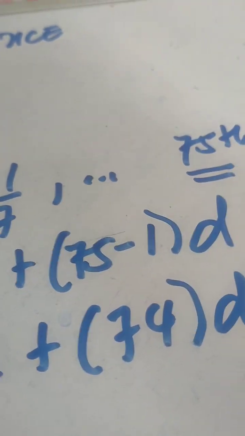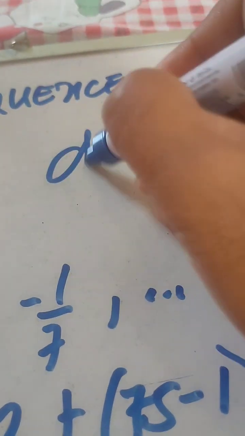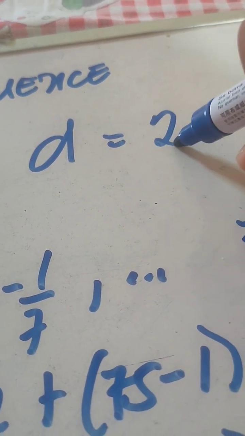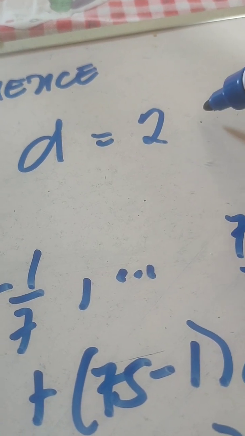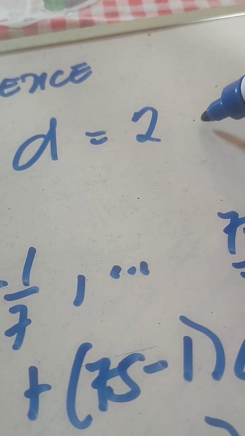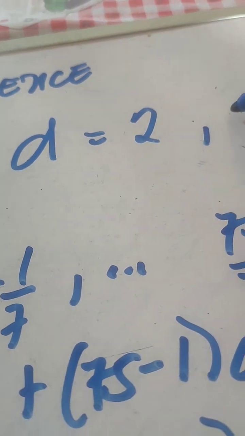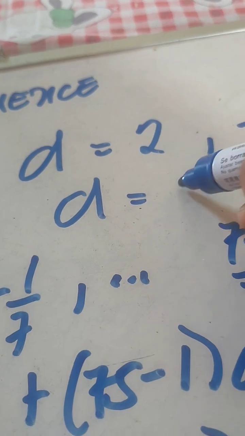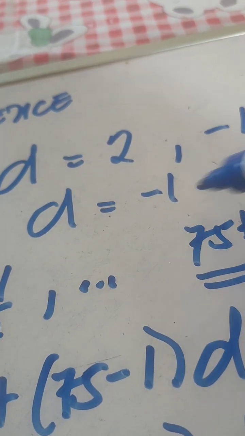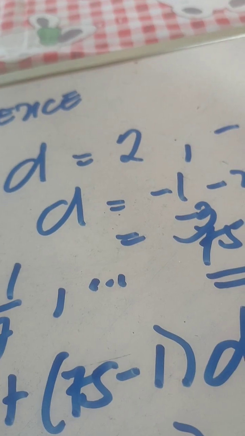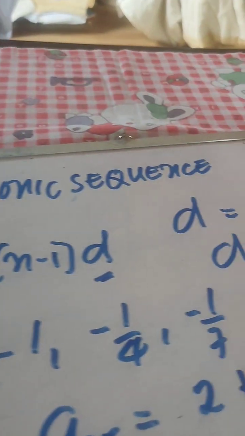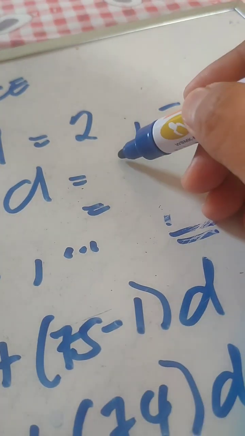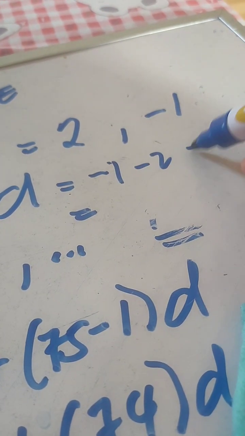So solving for d, d is equal to the reciprocal of the second term, -1, which is -1, minus the reciprocal of 1/2, which is 2. So d is equal to -1 minus 2. -1 minus 2 is -3.